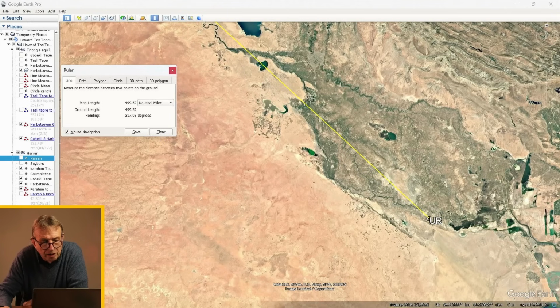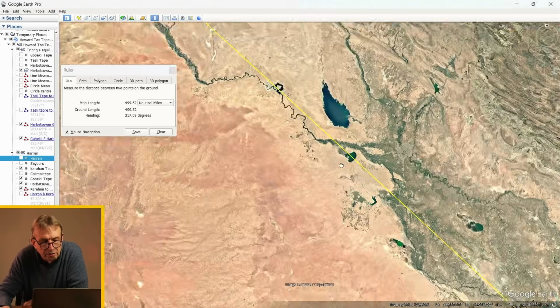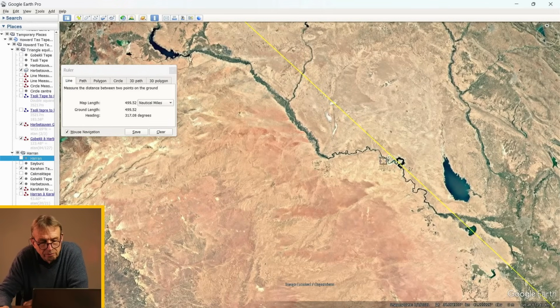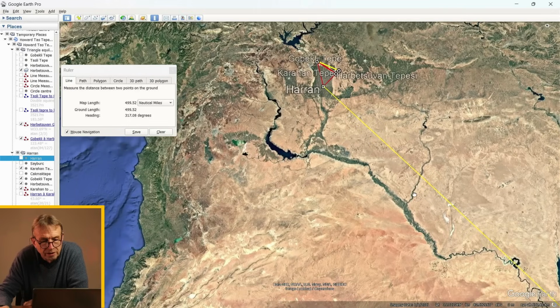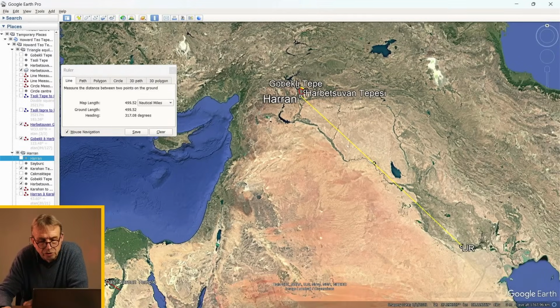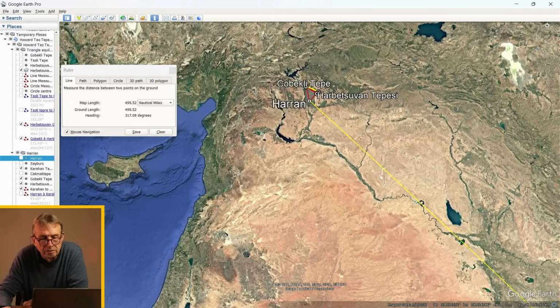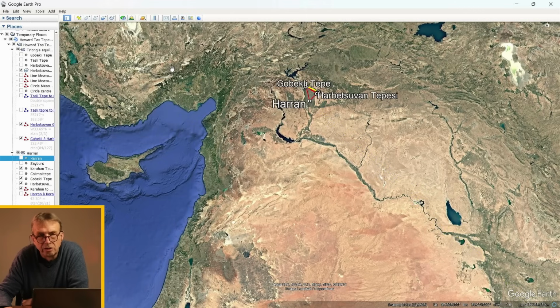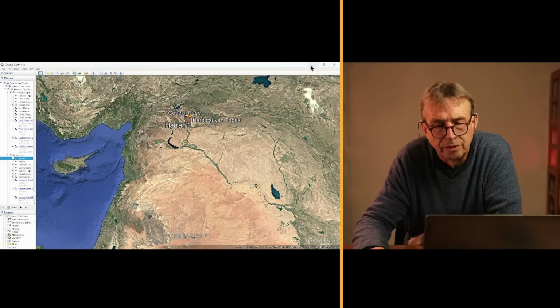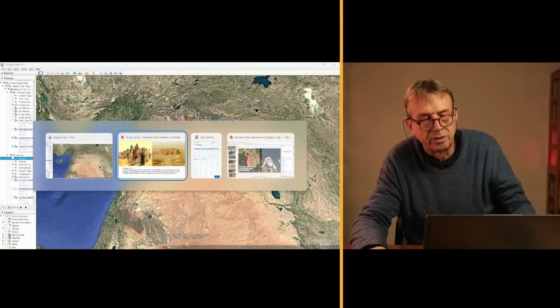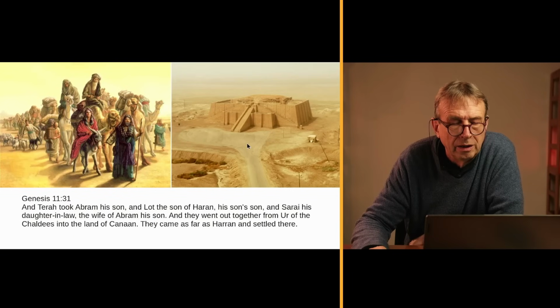And they moved up the Euphrates here, okay, following the Euphrates. And then they moved north here to Harran. So that's quite some trip. And there may be a very interesting reason that the Hebrew Bible talks to us about this, okay? And that's what I'm going to look into now.